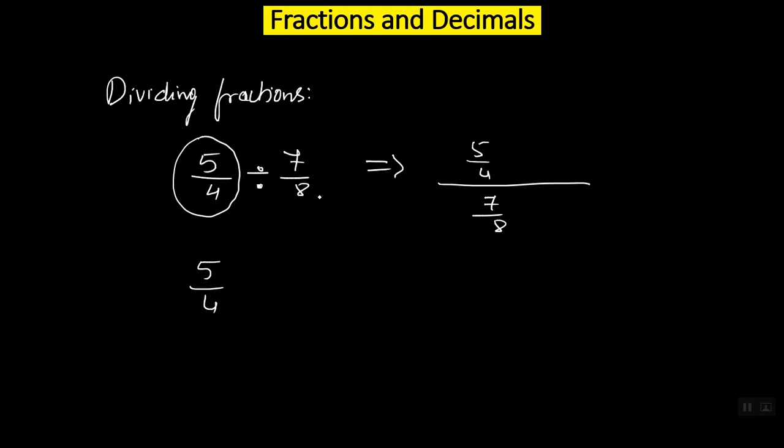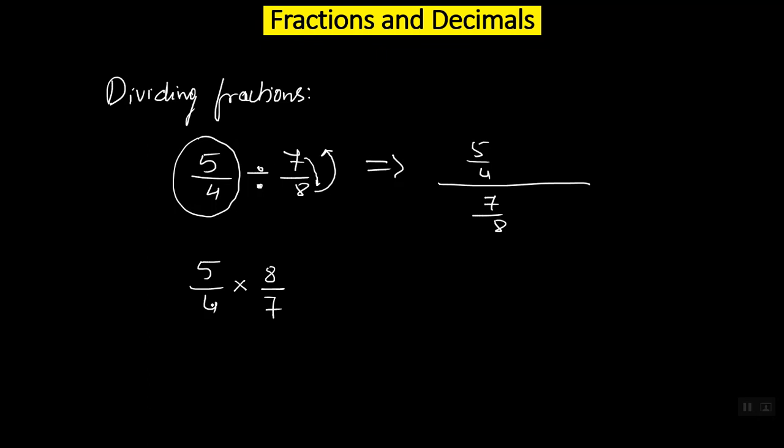Flip the number meaning the denominator will go up and the numerator will come down. So the division sign will be converted into multiplication by flipping the number. So I can say 8 by 7. That's how we represent it. This is how we convert it into multiplication. Now follow the rule of multiplication.